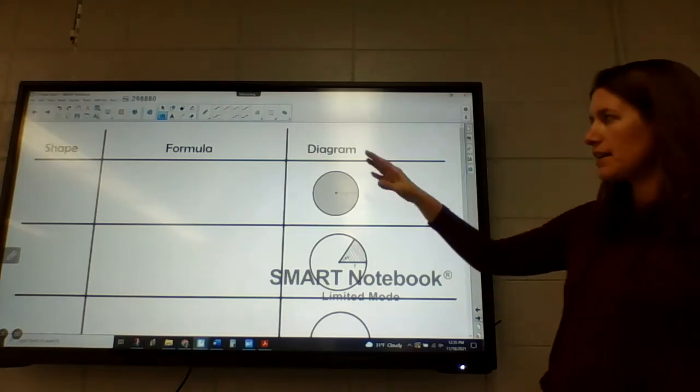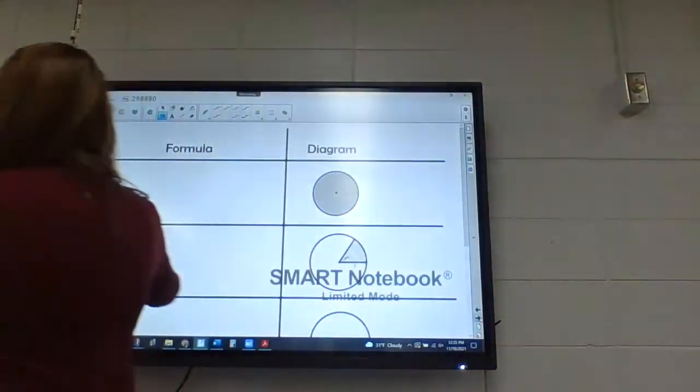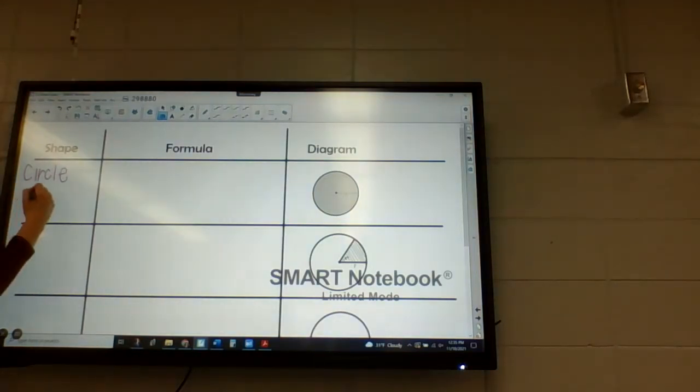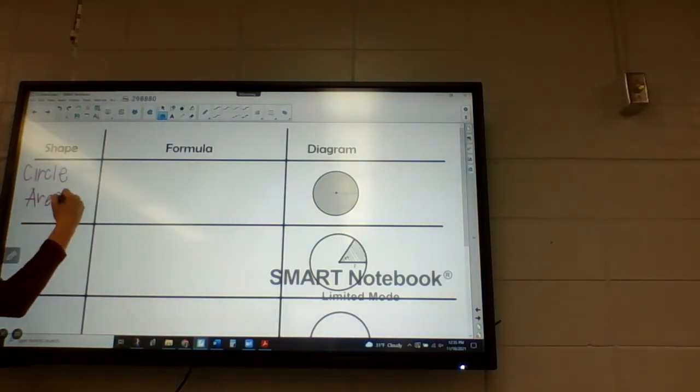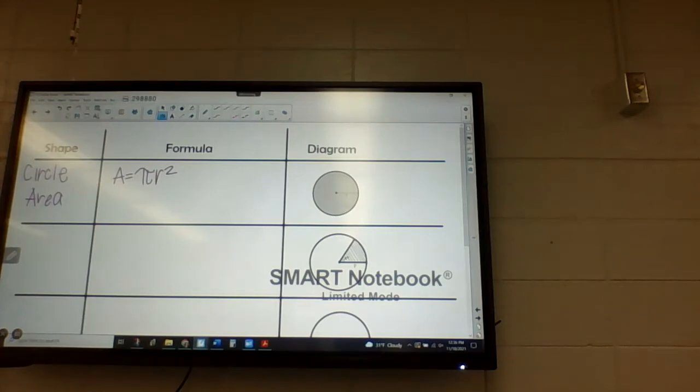We're going to compare, again, a circle. And we'll do circle area. So the whole circle is pi r squared.